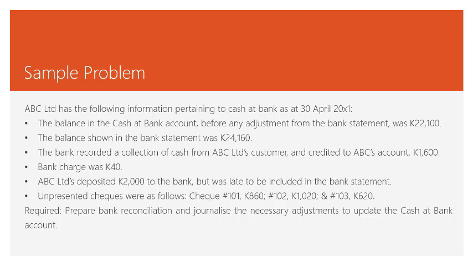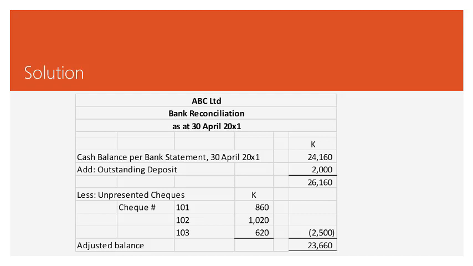Okay, so let's show the solution here. Cash balance per bank statement was given as 24,160. Then add the outstanding deposit of 2,000 kina. And then we deduct the unpresented checks number 101, 102, 103.